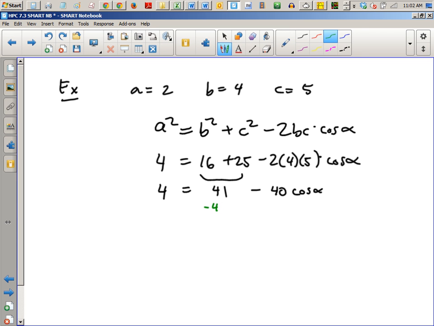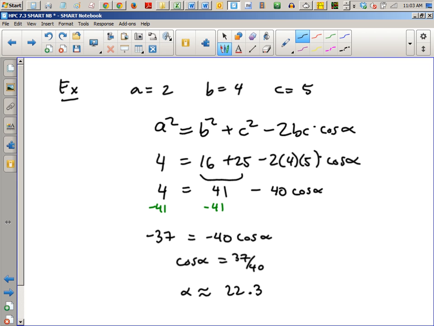We're going to subtract the 41 to the other side, right? So we get negative 37 equals negative 40 cos alpha. So cosine alpha is 37/40ths. You just do inverse cosine of 37/40ths. 22.3 degrees.